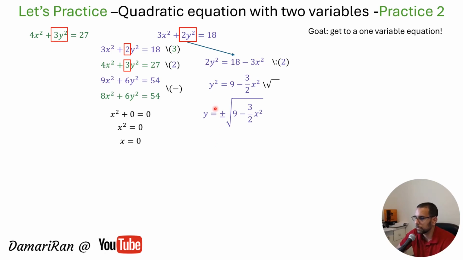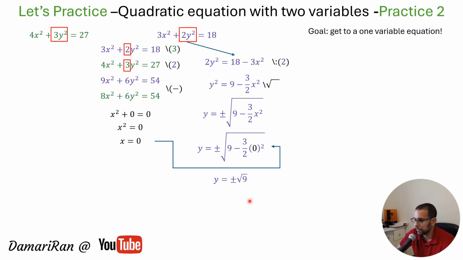One, we have to consider the plus term, and later the minus term, meaning that we're going to plug this x one time here and take the plus term, and then plug it here again and take the minus term. So let's see what happens. I plugged the 0 inside, and everything here is 0 because 0 times everything here is 0, and I have plus minus the root of 9, which gives us plus minus 3.